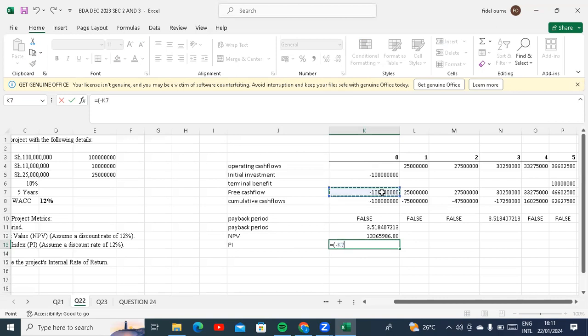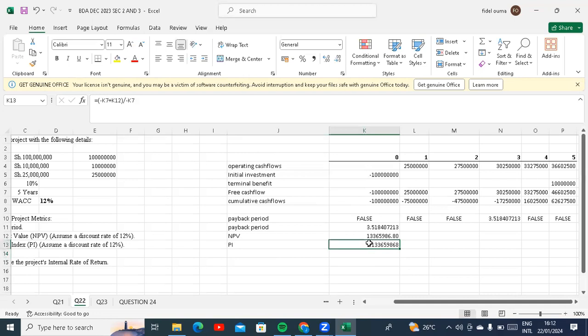So you pick this, say negative, then you add it to the NPV. Then you close the bracket. Then you divide the whole of this with the negative cash outlay again, and you enter. It will give you 1.13. So it's more than 1, which means that the project should be accepted.